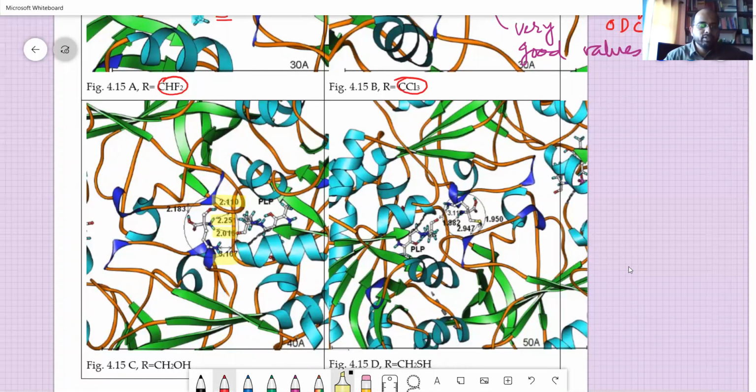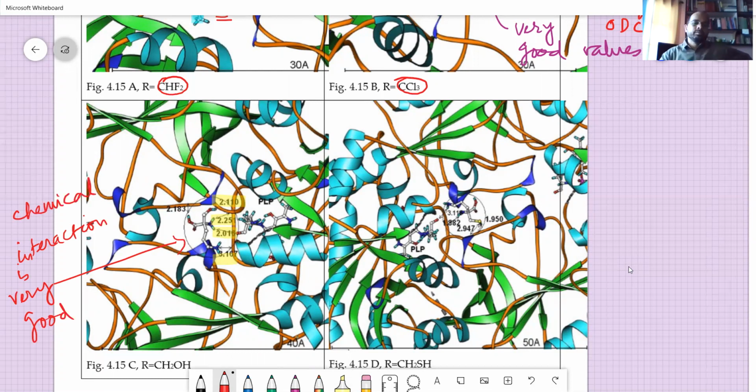So the interaction is very good. PLP is here. So it goes and sits near. This is our drug molecule.